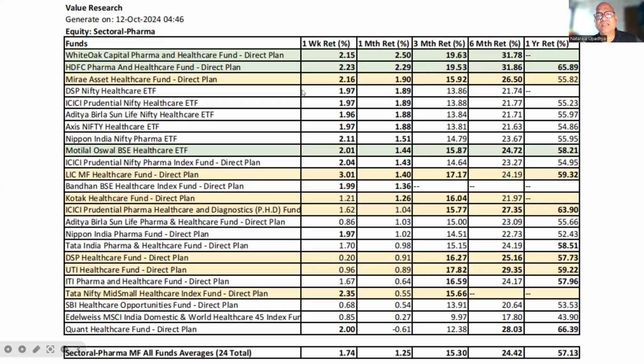I just wanted to highlight on that. I would also discuss some of the ones in amber giving good return weekly basis. Mirae Asset Healthcare Fund, LIC MF Healthcare Fund are definitely worth mentioning here. So that is the pharma funds. They are doing really well for the investors.